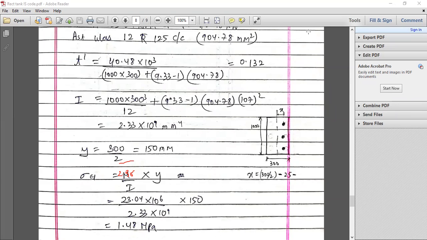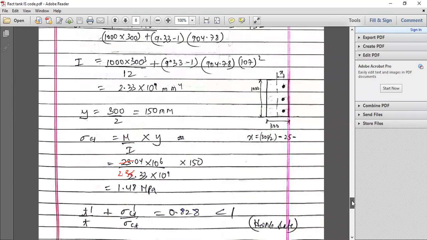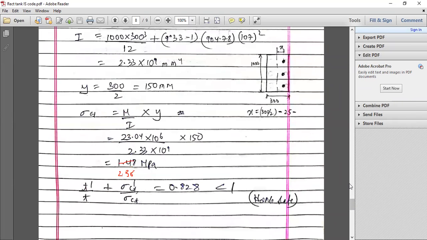Sigma ct is 1.46. Others? Okay, so now just check LHS is less than or equal to 1 or not. Okay, so this we are getting 1.46. Others are also getting the same value.